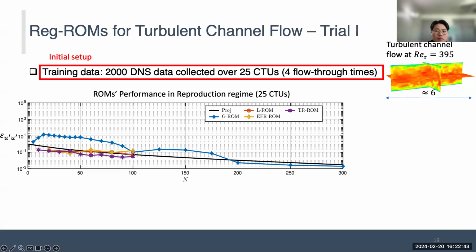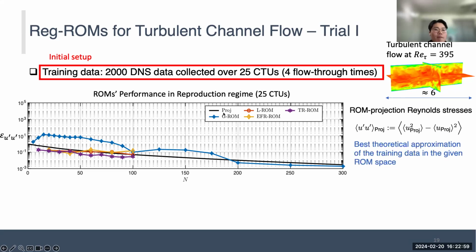Here below, I'm showing the relative error in the Reynolds stress for the Galerkin ROM, the array, and the three reg-ROMs. The black is the projection. What that means is the ROM projection Reynolds stresses, where the formula is defined here.